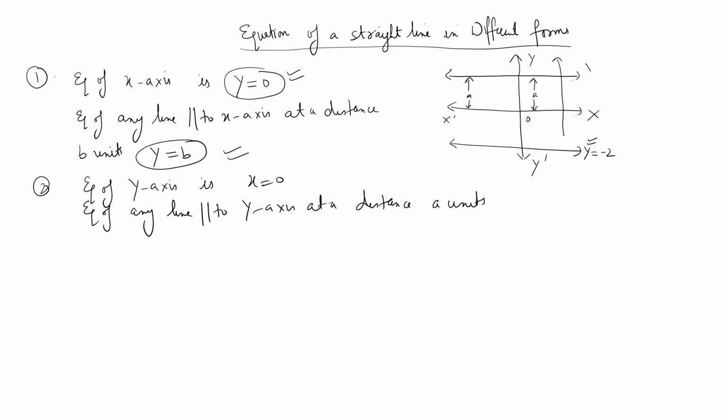So this is very clear, right? This is x is equal to a. You can adjust when it is towards the negative side or towards the positive side. Say y is equal to 2 is this, the y equal to -2 will be this. So if x is equal to a is this, then x is equal to -a will be towards this side. These things can be easily understood.